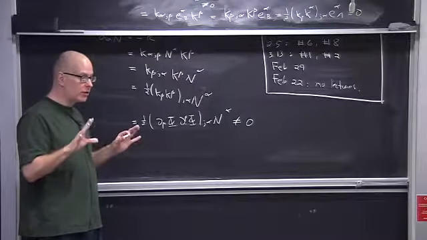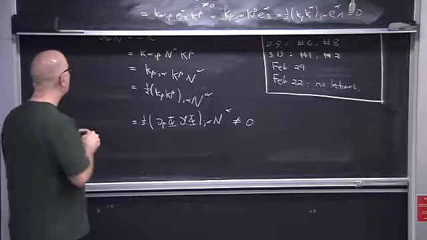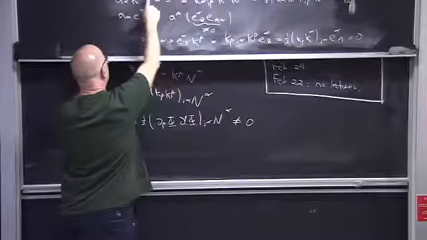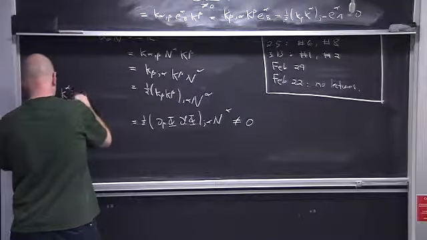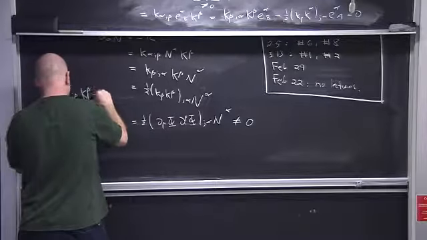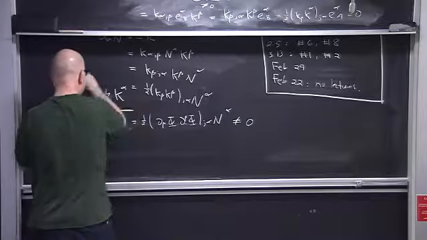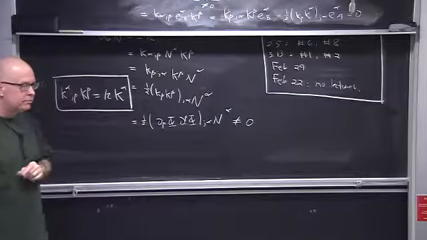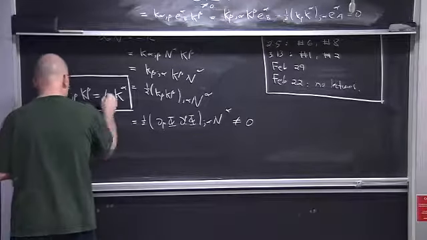Bottom line, I can't kill this term, but apart from that, I know that my acceleration vector will satisfy this equation. And that is the geodesic equation in generalized form. So whatever kappa turns out to be, we have the geodesic equation.